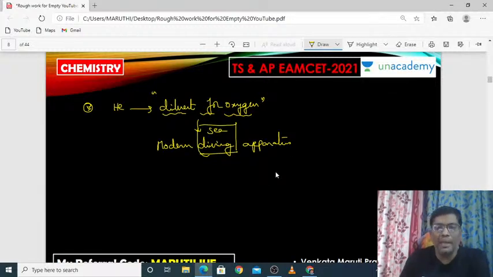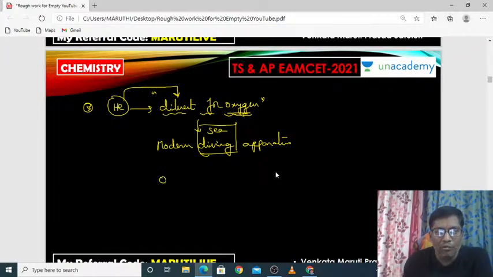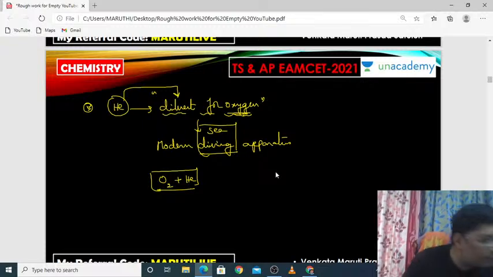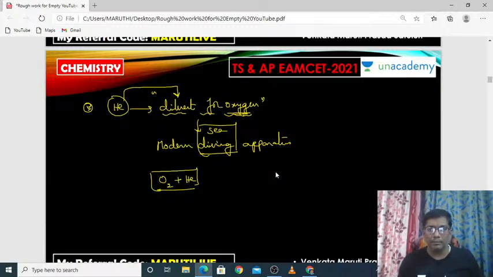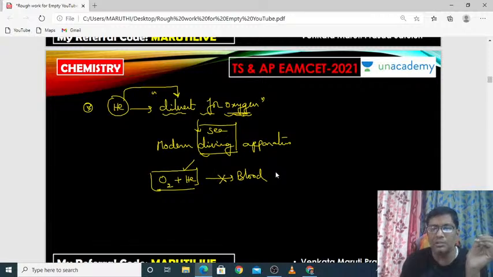In modern diving apparatus, we use helium as a diluent for oxygen, because when the oxygen gas is filled with helium, helium will not dissolve into the blood.